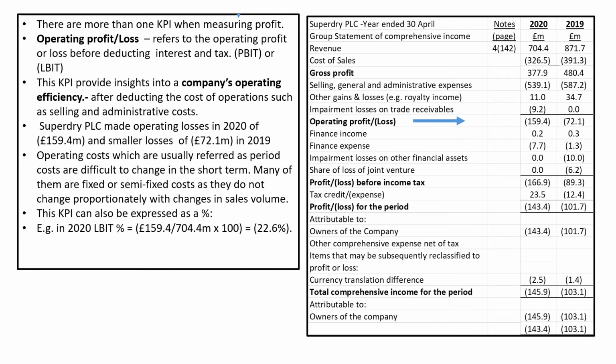For example, in 2020, the LBIT, which is the loss before interest and tax, is 22.6%. And this KPI is widely used in comparing profit performance with other companies in the same sector.